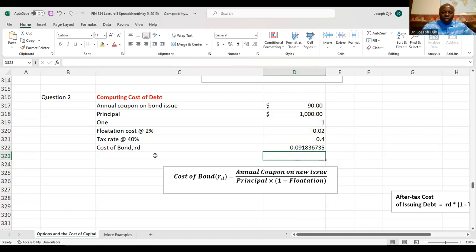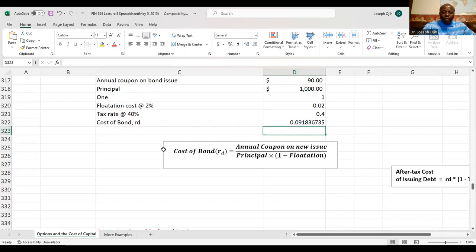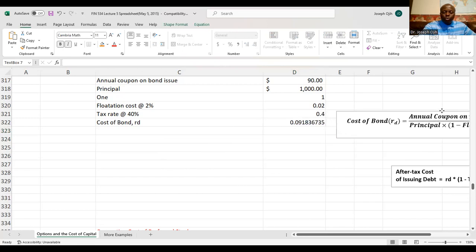Let us just finish the computation first. We need to do 2 things. So you have the cost of bonds, but I think we need the after tax, I believe.